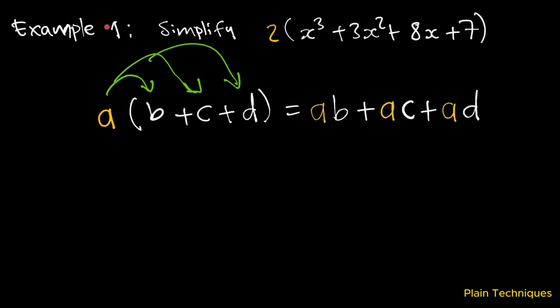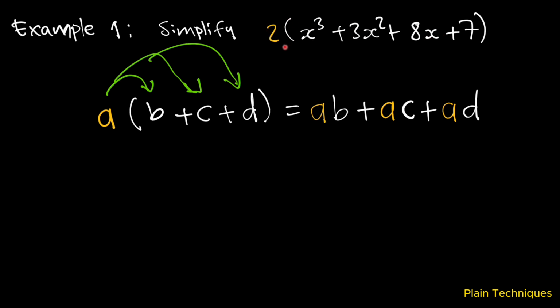Example number 1. Okay, simplify 2 into x cubed plus 3x squared plus 8x plus 7, close bracket. Right, now I put this here so that it can be a reference on how to go about simplifying the expression that we have here.